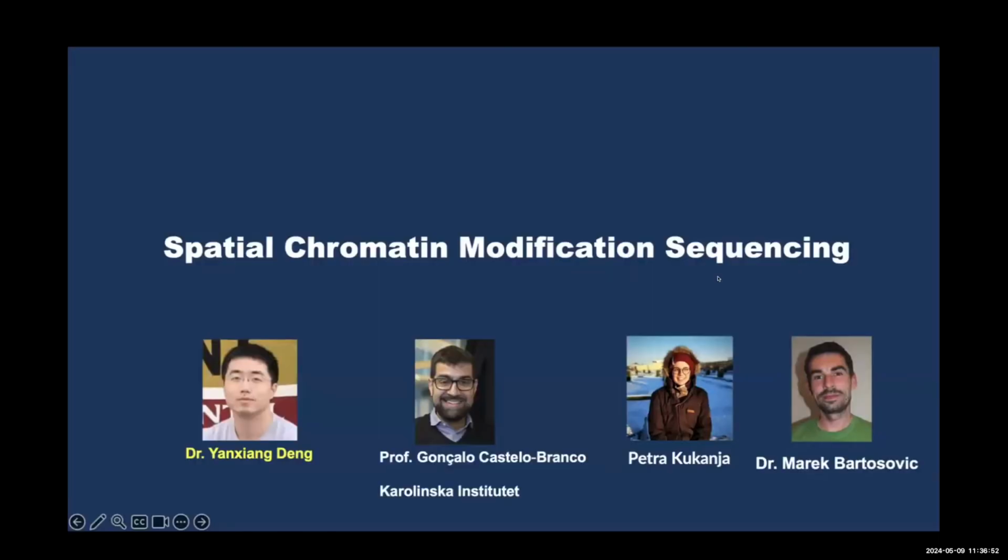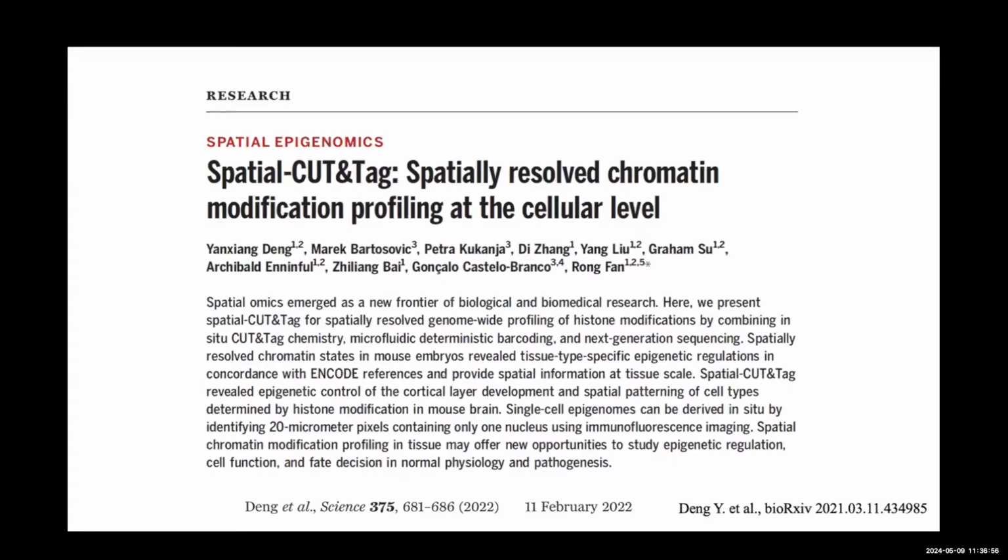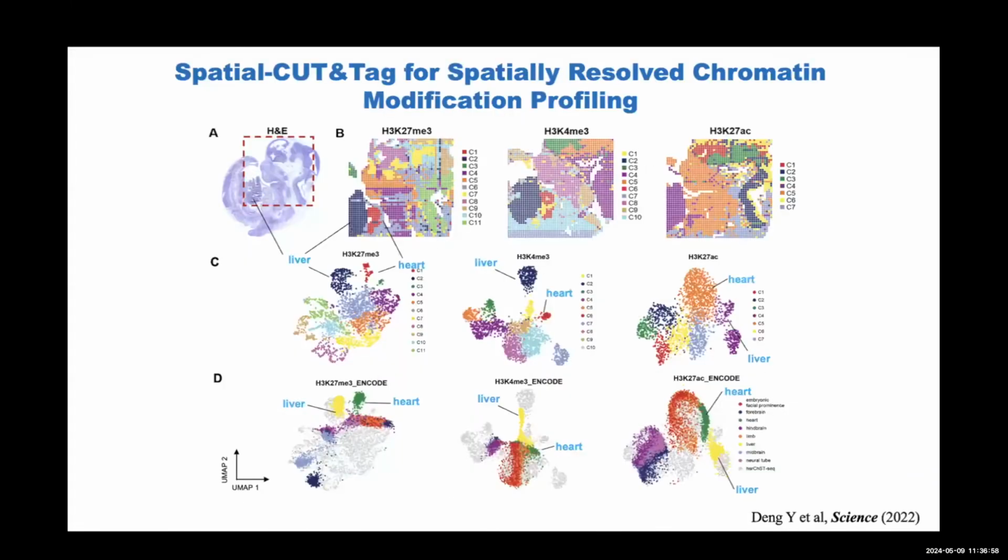All right. For specific histone modification analysis, we took the beautiful chemistry called CUT&Tag, which utilizes an antibody that can recognize the specific histone modification, and then the protein A-Tn5 transposase can recognize the specific antibody against the histone mark.